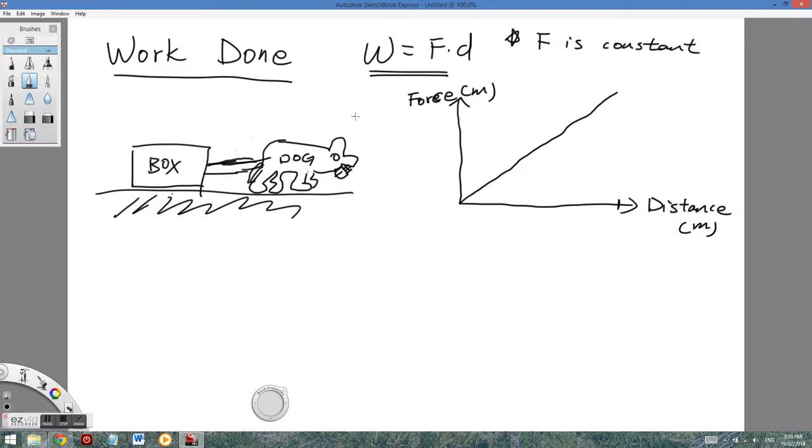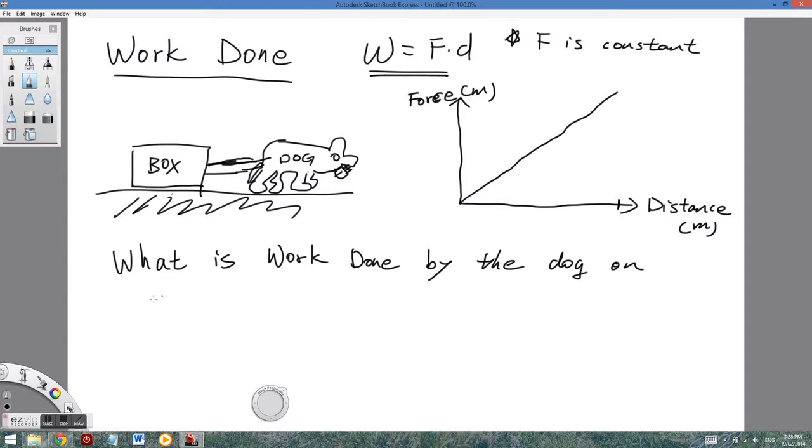So this time, how do I find the work done? What is the work done by the dog on the box?